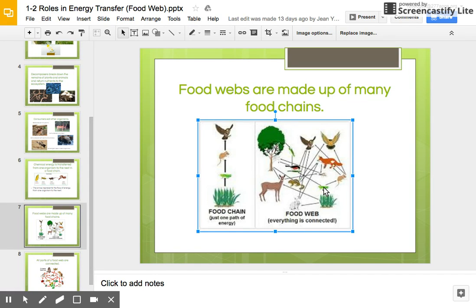The grasshopper is a primary consumer, so is the rabbit. If we go farther up through the food web, we've got a fox, which is in this diagram a tertiary consumer. But they're all connected. We've got arrows showing connections between consumers and producers headed both directions. And actually, it's possible for an organism to be at a few different levels in the food web.